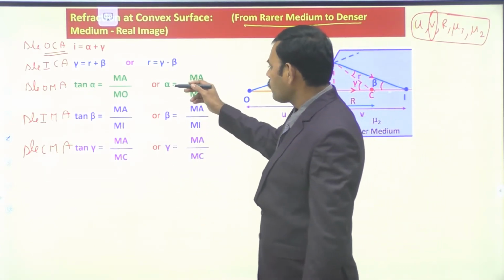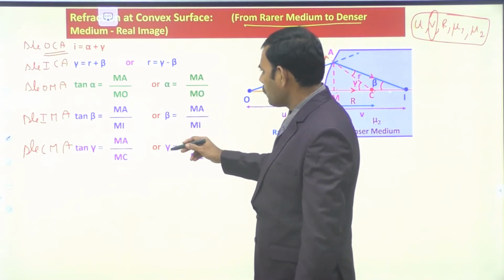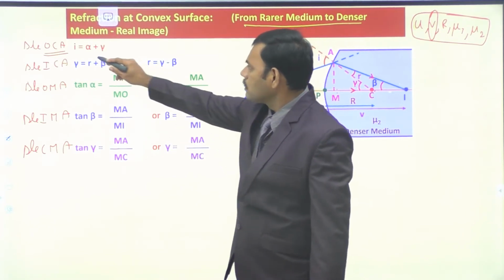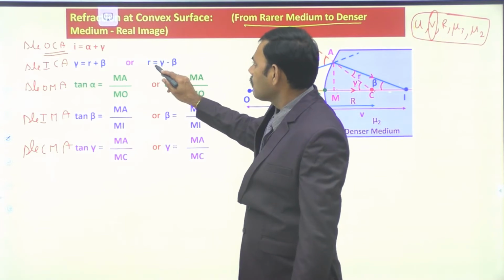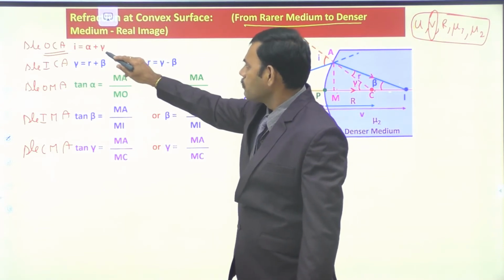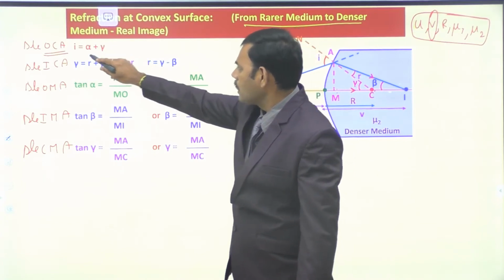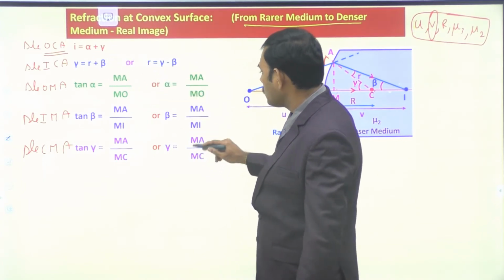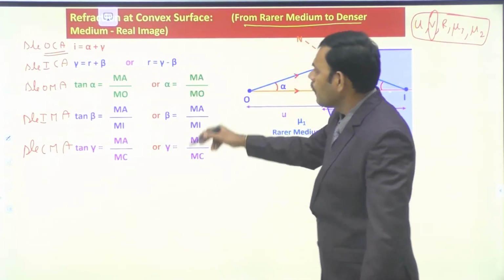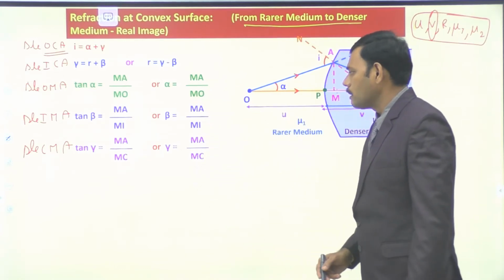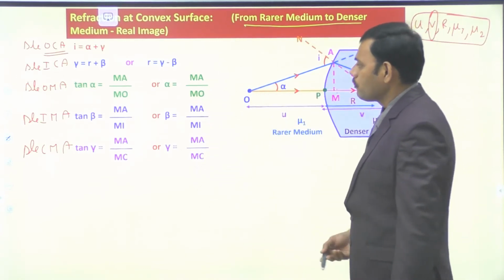We calculated the alpha, beta and gamma values, and we replace them in the angle of incidence and angle of refraction formulas.